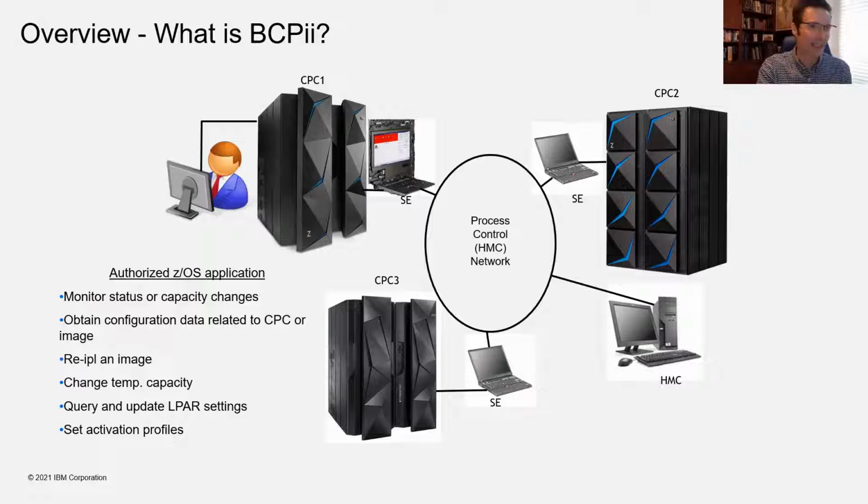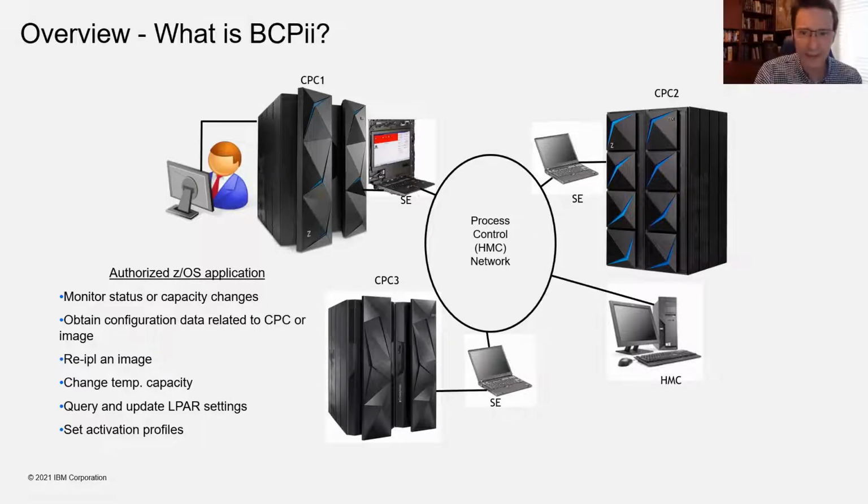It results in less error-prone hardware manipulations and functionality. So I can create a BCPii application or script that is going to perform a particular hardware action, and it's going to be done in a systematic way rather than having someone log on and doing it interactively. It's going to be done much faster with BCPii.